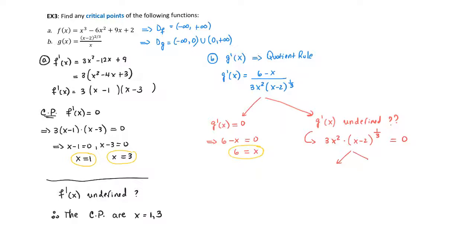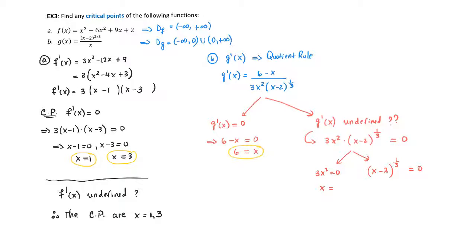And what does that mean? That means when 3x squared is equal to 0, or when (x minus 2) to the 1/3 is equal to 0. So now we're just going to solve each equation separately.